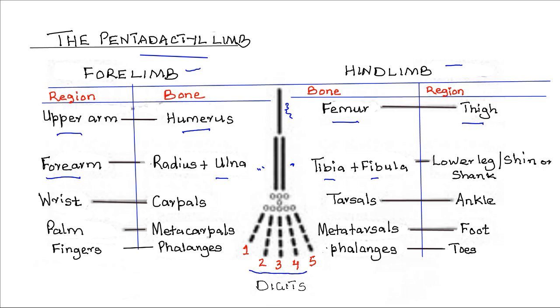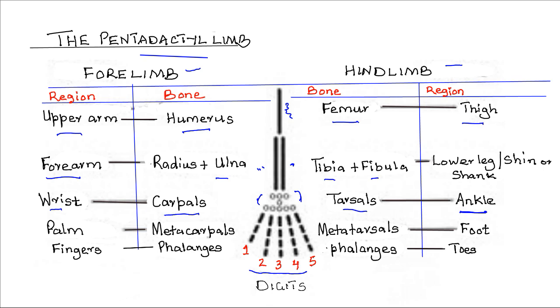Then after them is a group of irregularly shaped bones. In the forelimb, they're known as carpals and they're found in the wrist region, while in the hind limb, they're known as tarsals and they're found in the ankle. They make up the ankle.